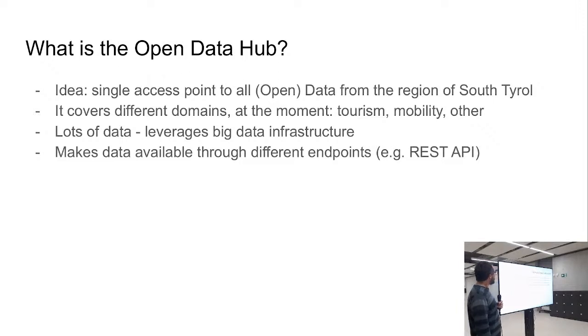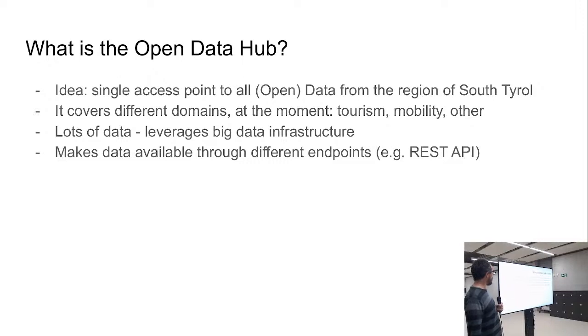Now, the Open Data Hub has to work with lots of data. There's a lot of data coming in and a lot of data that gets published out or retrieved by the consumers. Therefore, it has to leverage a big data infrastructure. It must work with lots of data, it must work performantly, and it should also provide the data in a scalable way.